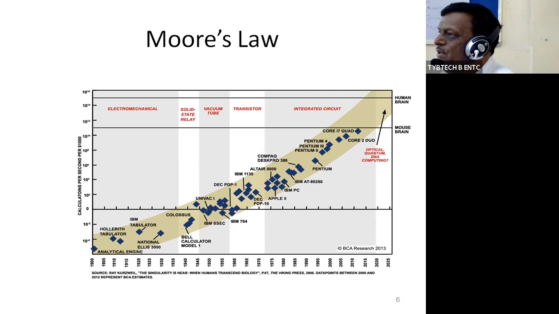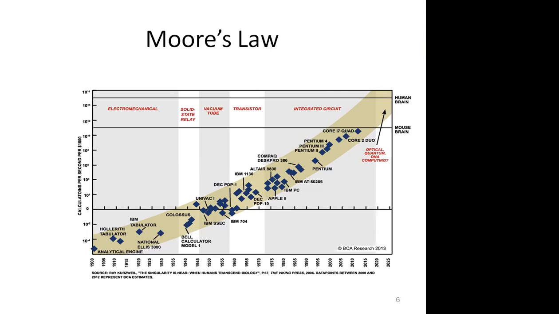So after that, instead of one processor, use two processors, and instead of two, use four, a quad processor. If you look at your mobile, how many processors does it have? Octa-core.